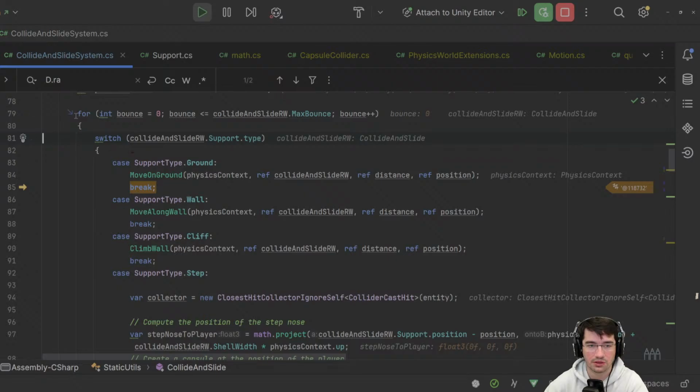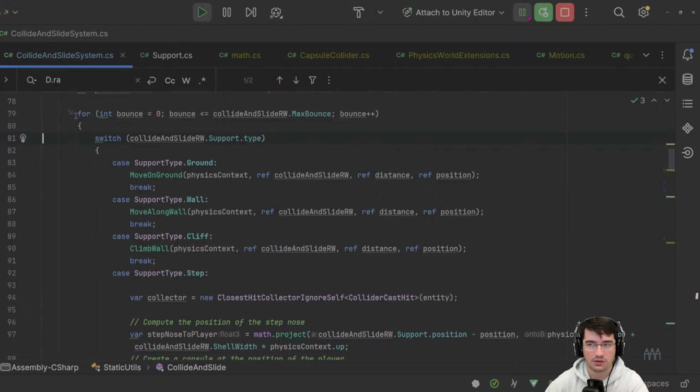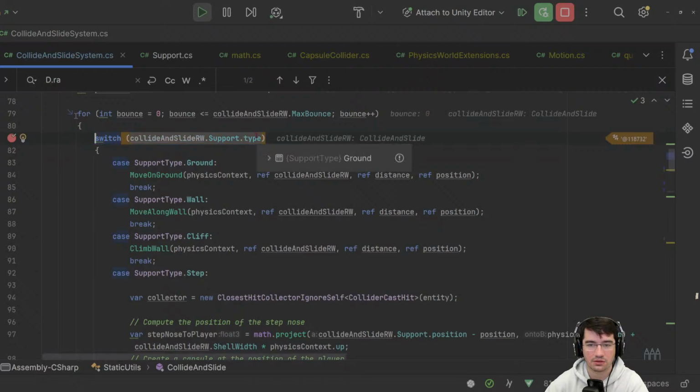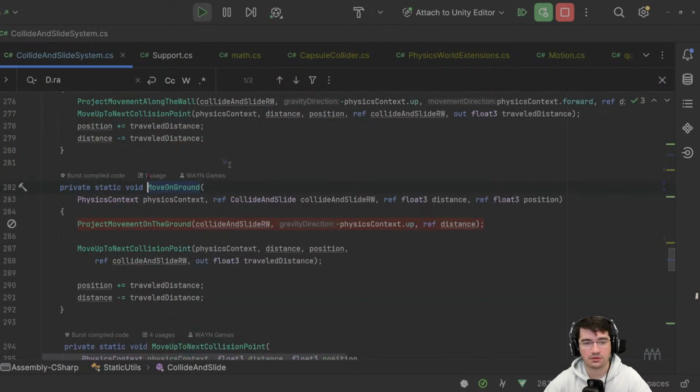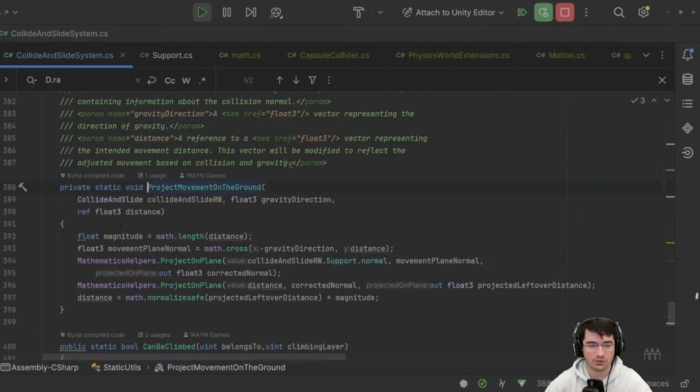We didn't go inside. So this is the ground. So why are you not part?